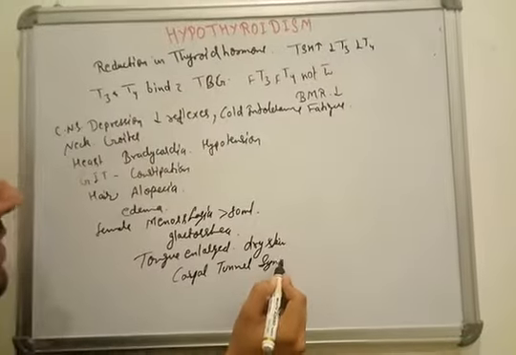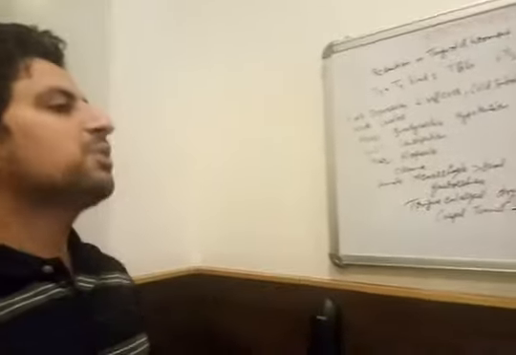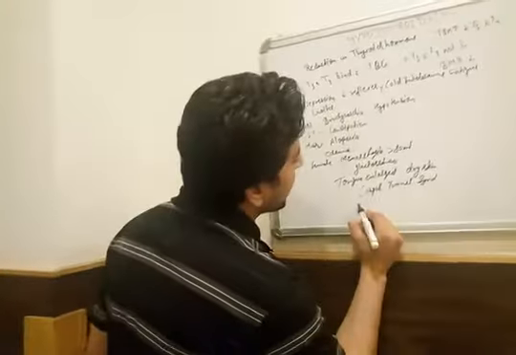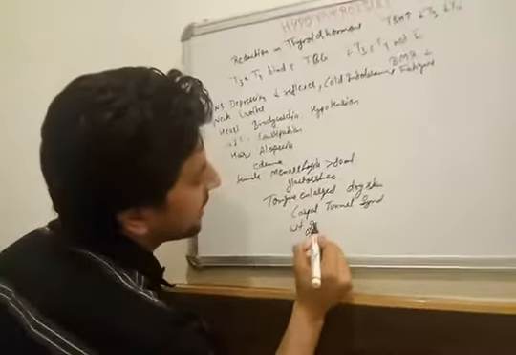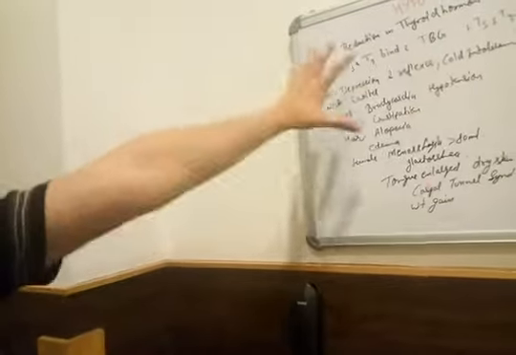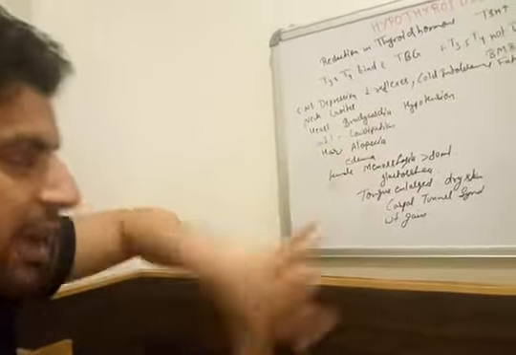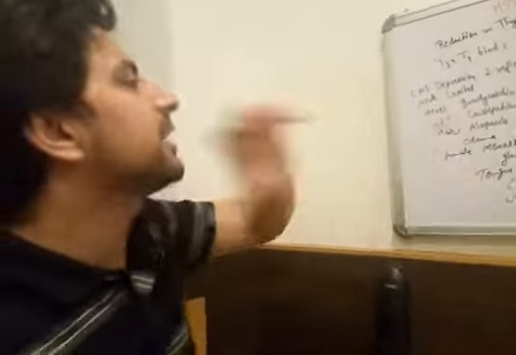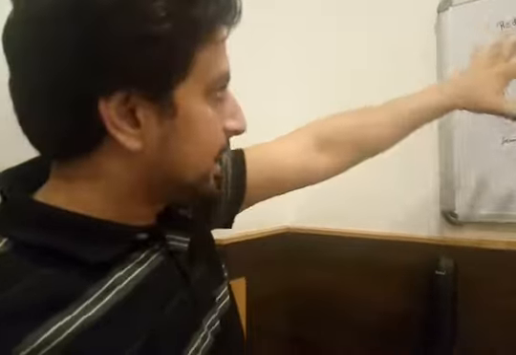If metabolism is slow, everything digests slowly, so what is going to happen? Weight gain, excess weight gain, a lot of weight gain, my dear friends. I hope that till here, the hypothyroidism symptoms are clear, and we are going to identify them. And now I am going to rub this out.